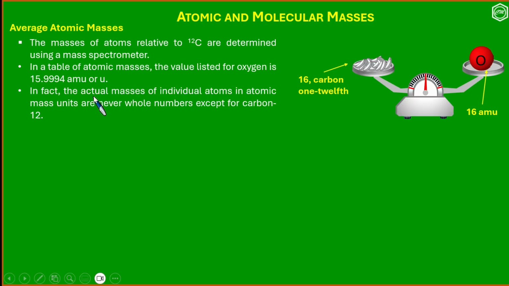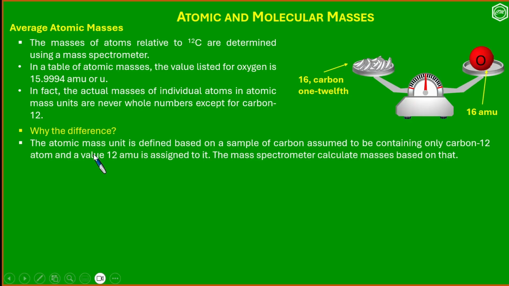In fact, the actual masses of individual atoms in atomic mass units are never whole numbers except for carbon-12. Why the difference? The atomic mass unit is defined based on a sample of carbon assumed to contain only carbon-12 atoms, and a value 12 AMU is assigned to it. The mass spectrometer calculates masses based on that.